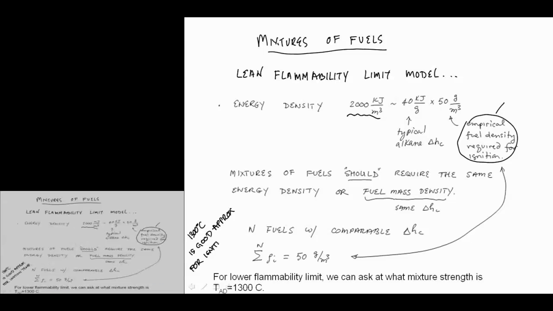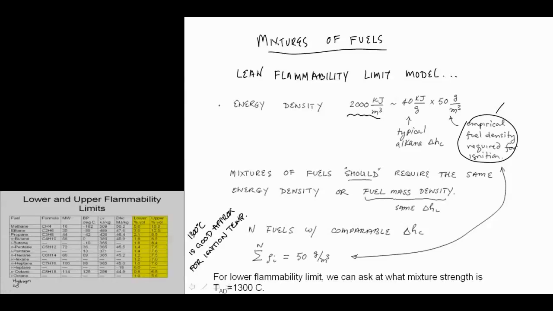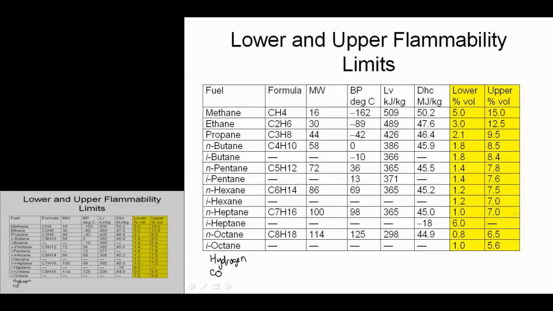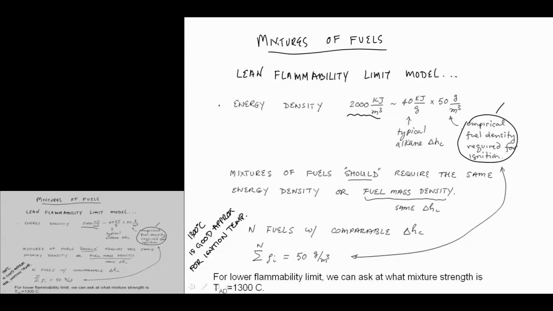So let me also give a more quantitative way of identifying this mixture flammability limit. I'm going to go up a second. So if I said, okay, look, we have a fuel mixture with methane and propane, and so we have this 5% and 2%.